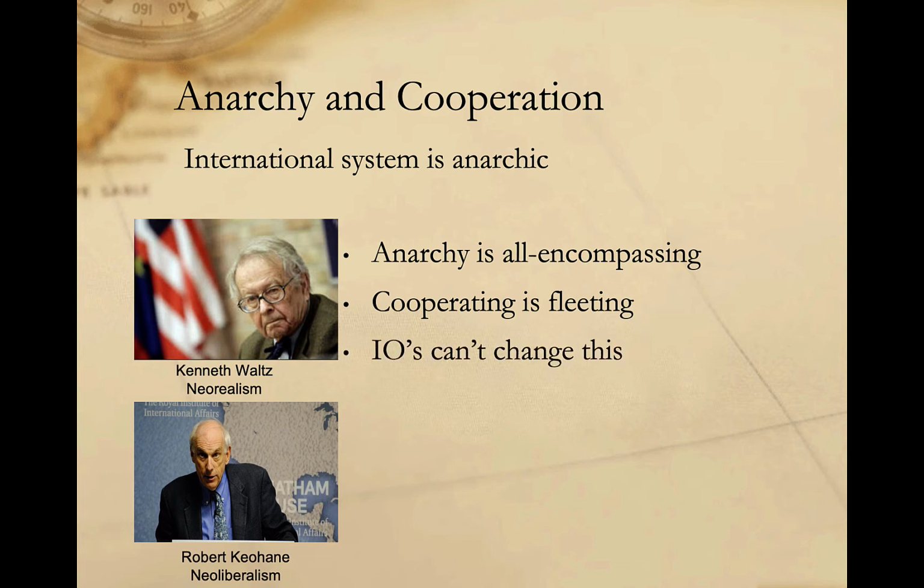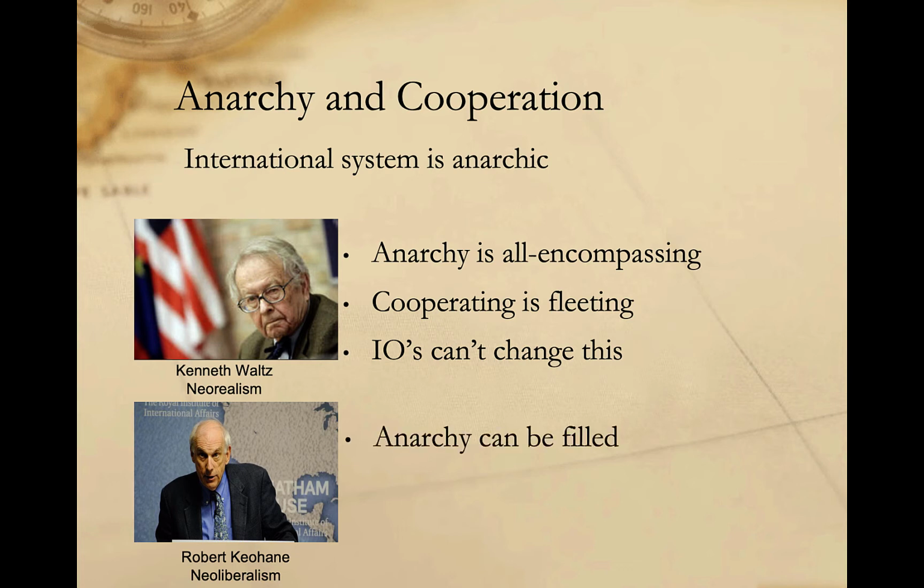Further, according to neorealists, international organizations are incapable of, or perhaps ineffective at, affecting this condition of anarchy. Instead, international organizations like the United Nations or the European Union are merely vehicles through which the most dominant states can further assert their dominance. As a result, neorealists tend to be dismissive of the importance of international organizations and the power of norms, rules, and regimes in governing global politics.